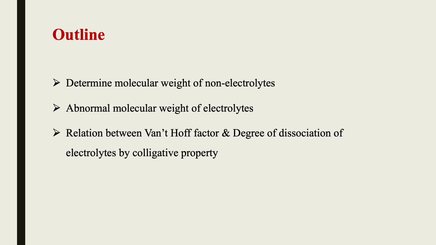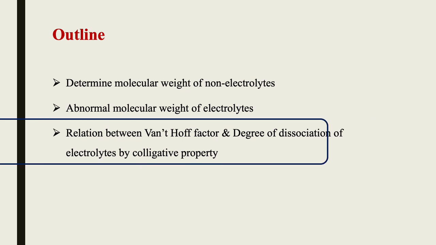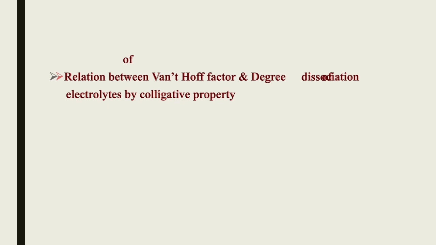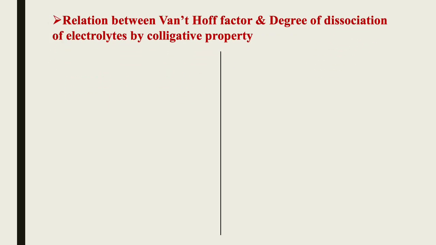Moving to the next point, now we will see the relation between Van't Hoff factor and degree of dissociation of electrolytes by its colligative property. Before going to the relation, first we will see what is meant by Van't Hoff factor.